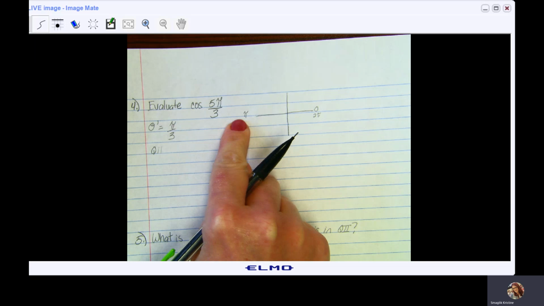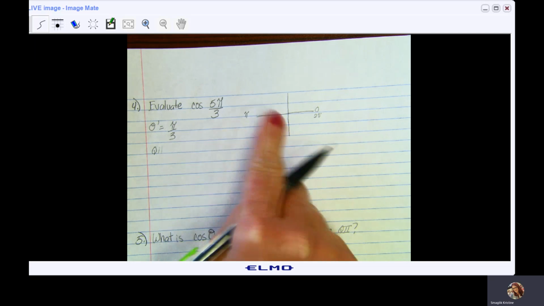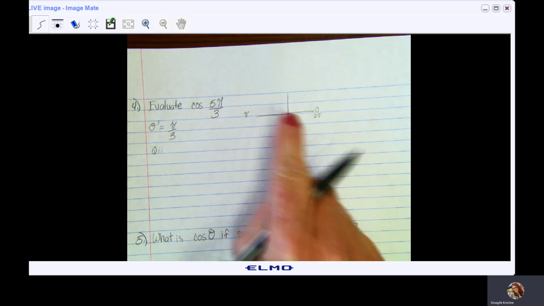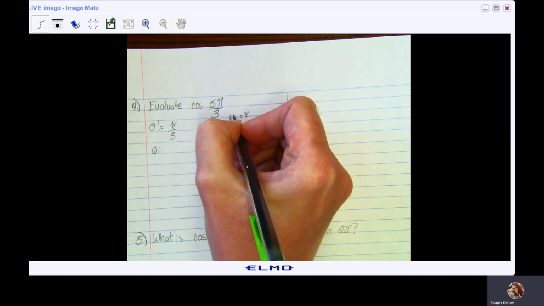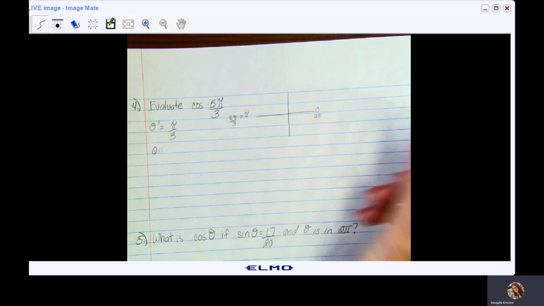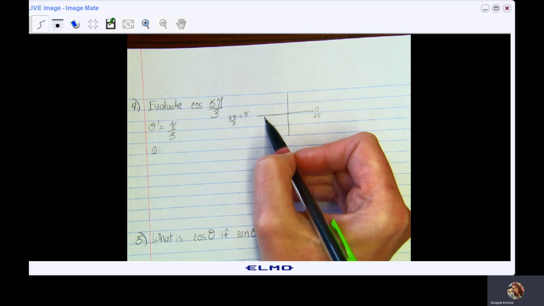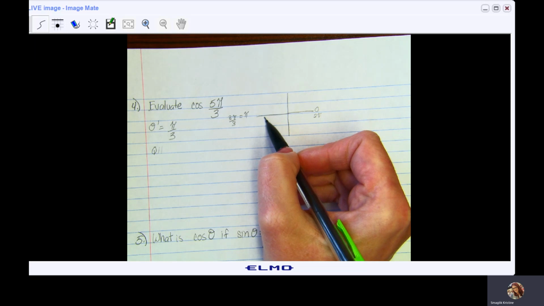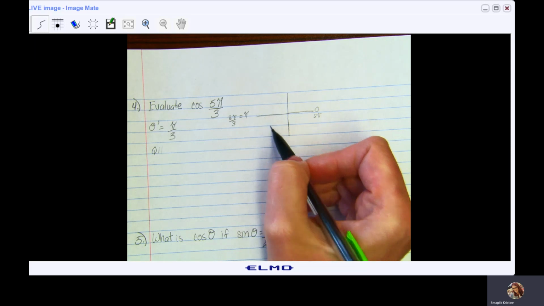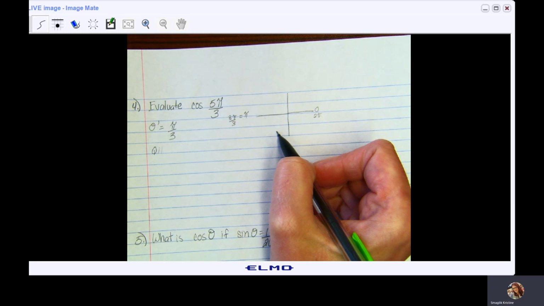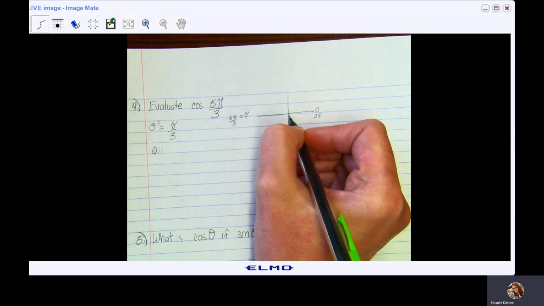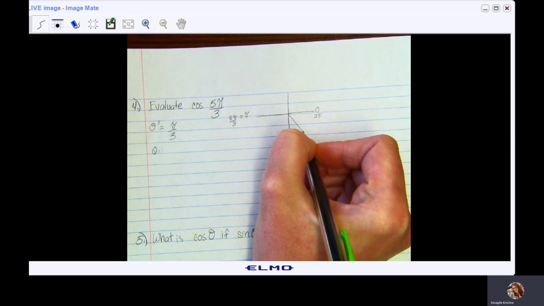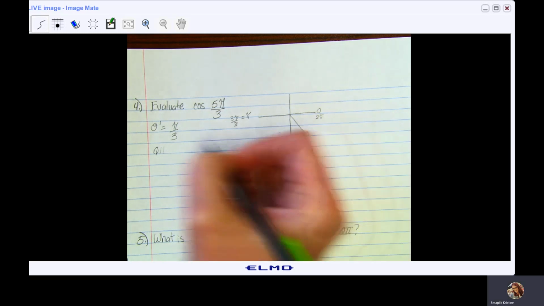So if I rewrite pi with 3 in the denominator, I get 3 pi over 3. So if I'm coming around, I hit here, I'm at 3 pi over 3. I go 1 more pi over 3. I'm here, that's 4 pi over 3. I would need to go another one to get to 5 pi over 3. So that means 5 pi over 3 is in quadrant 4.